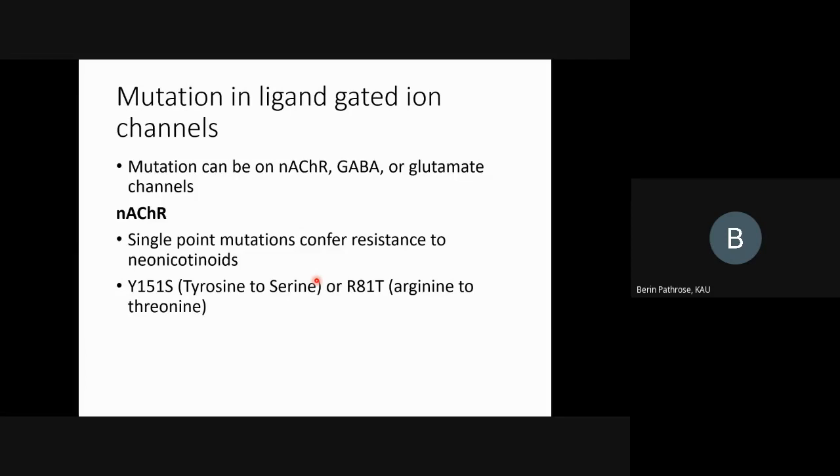The triplet codon for serine is UCU, uracil, cytosine, uracil. And for tyrosine, it is UAU. Serine, it is UCU. Tyrosine, it is UAU.